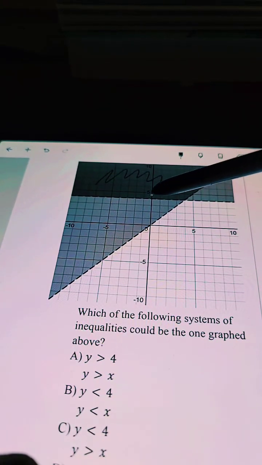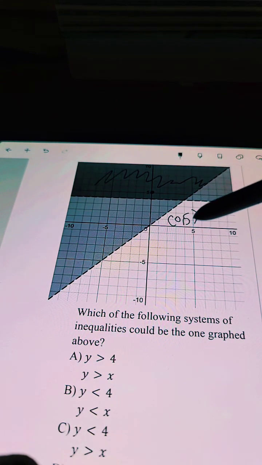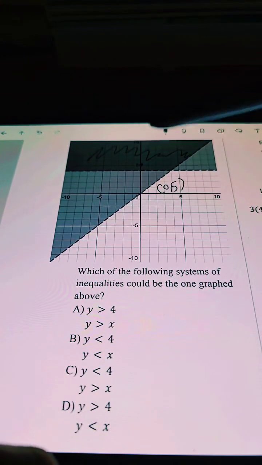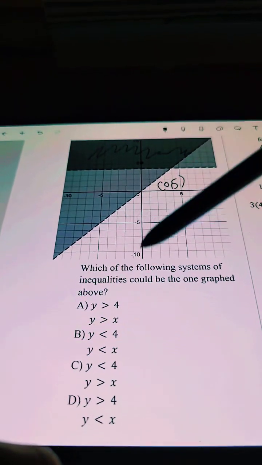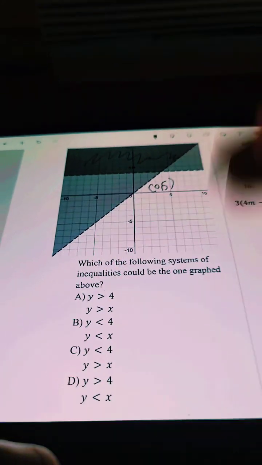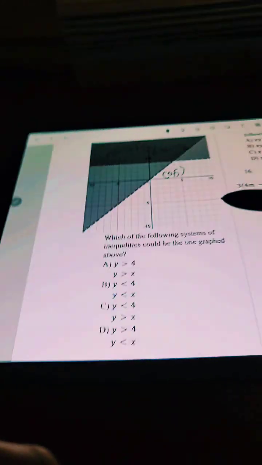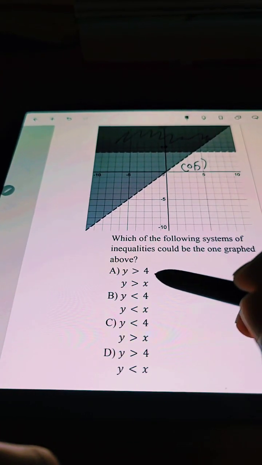So let's do 0, 5 right there. Then let's see what fits if we put in x as 0 and y as 5. So let's do it for A right here.